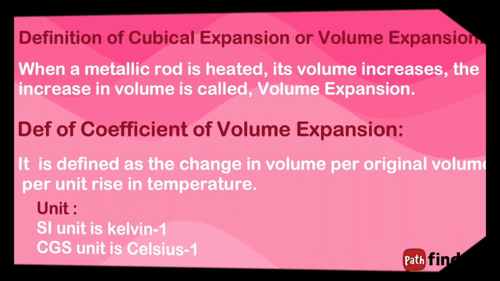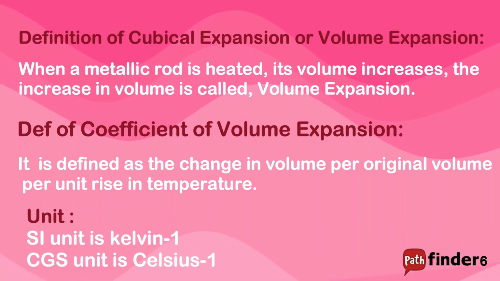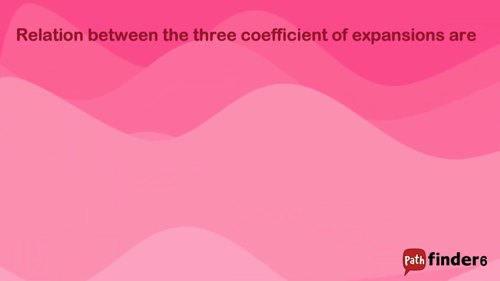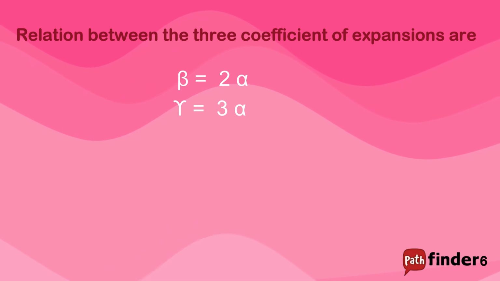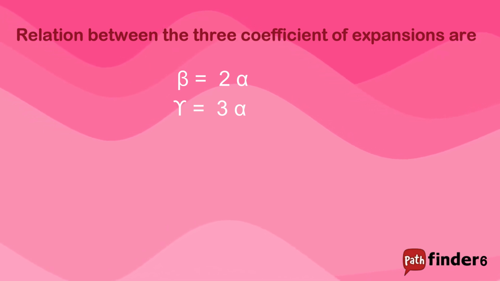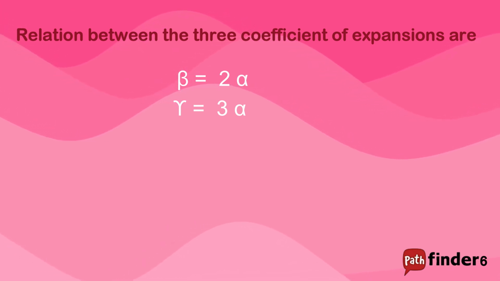Unit. SI unit is Kelvin power minus 1. CGS unit is Celsius power minus 1. Relation between the three coefficients of expansion are: beta is equal to 2 alpha, gamma is equal to 3 alpha.